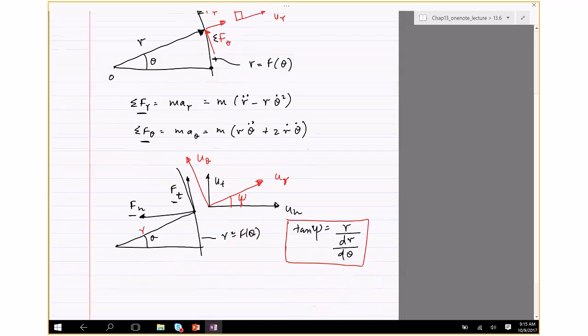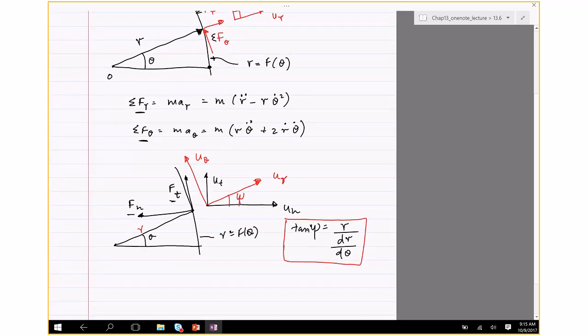Okay, so what you do is you will use the fact that you know r equals f of theta. That is, this thing is given to you. From that, you will find psi using this expression.